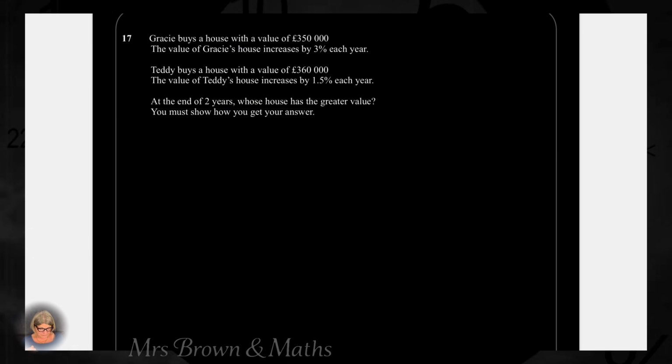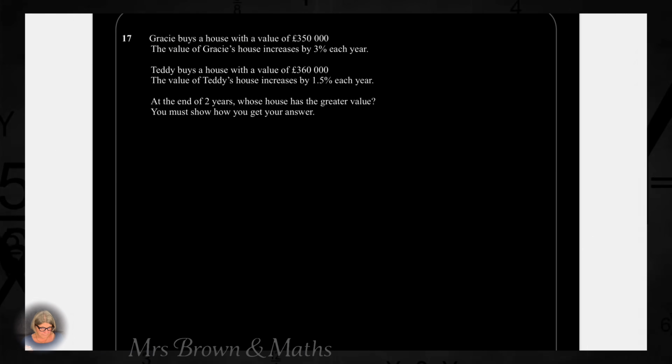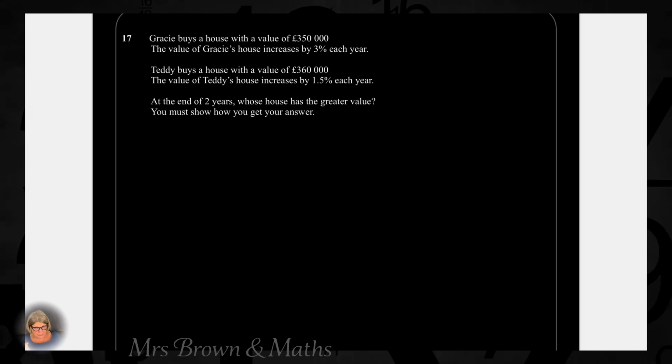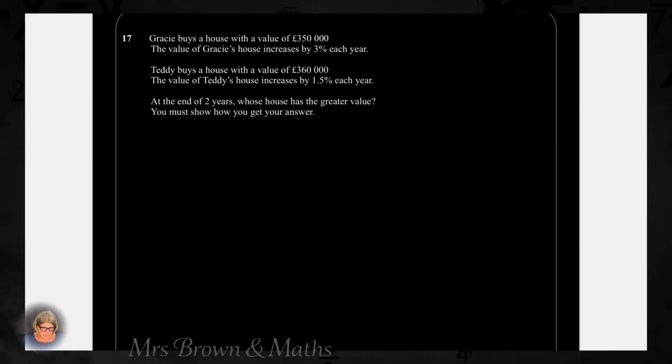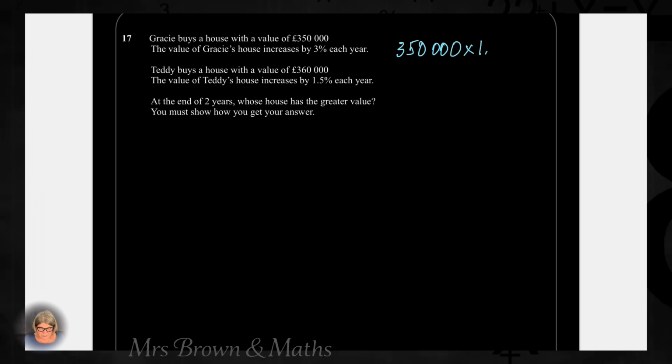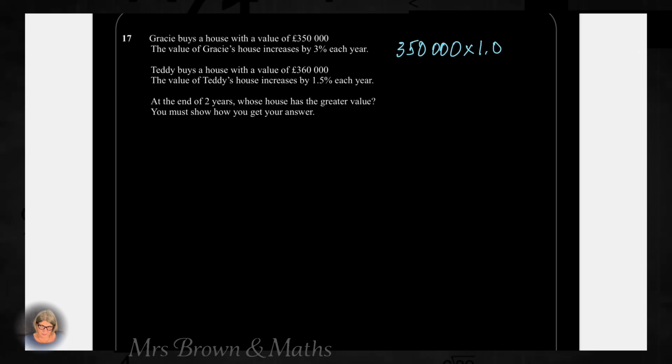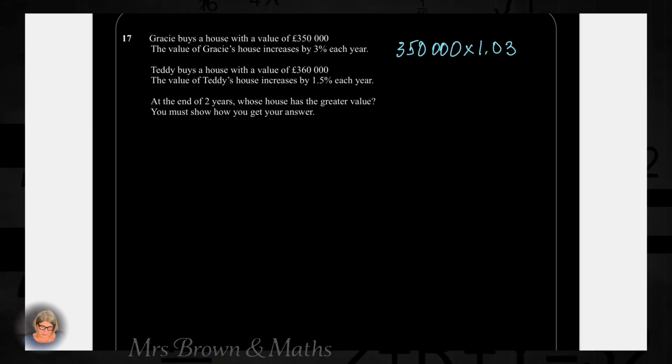What does it actually mean? It means the price of the house plus 3%, so 350,000 times 1.03. That is 3%, and plus 1 is the price of the house.